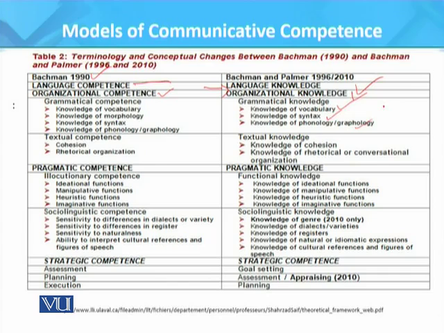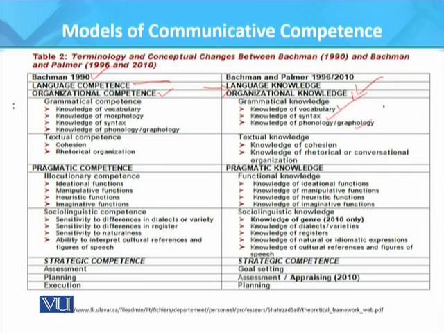Knowledge of vocabulary includes single words and compound words. Knowledge of syntax refers to the rules which govern the ways words are combined to form sentences. Knowledge of phonology relates to the sound system governing the structure of words.